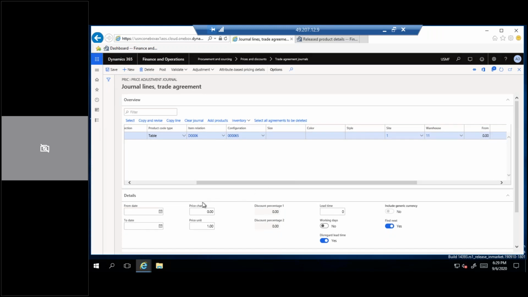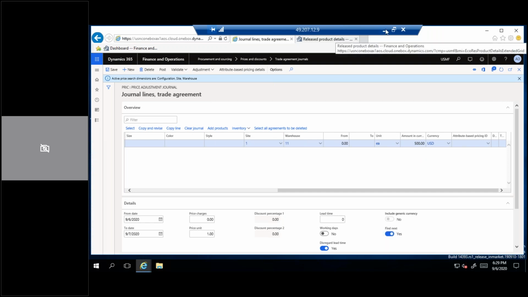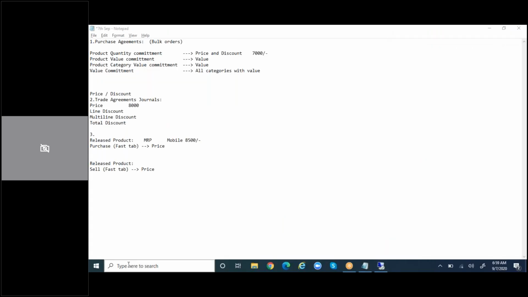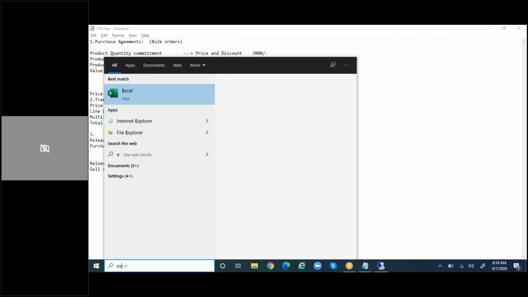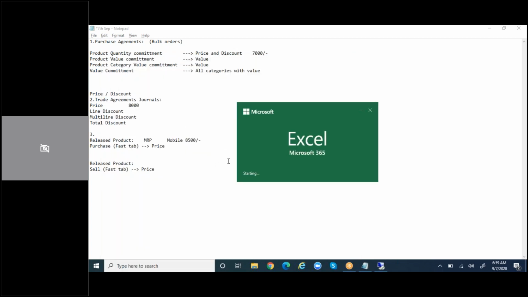Okay, we have entered. While entering this discount, you can enter from date and to date. I'm giving an offer for today and tomorrow. This is the price. This is a little bit lengthy actually. I will initiate it today and I will discuss it tomorrow.